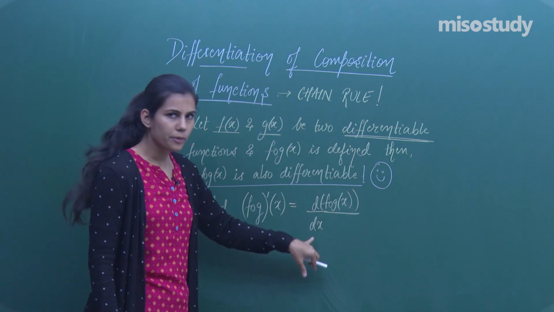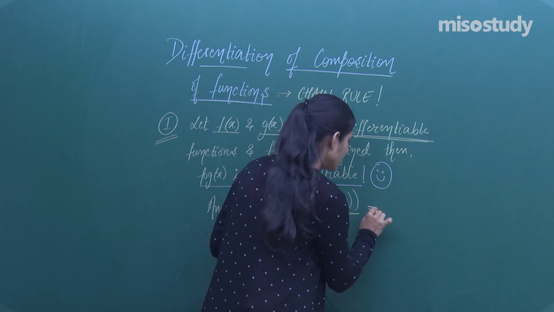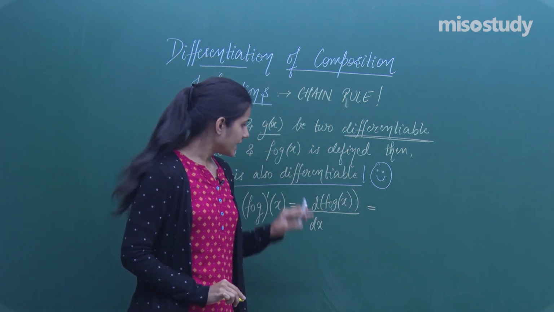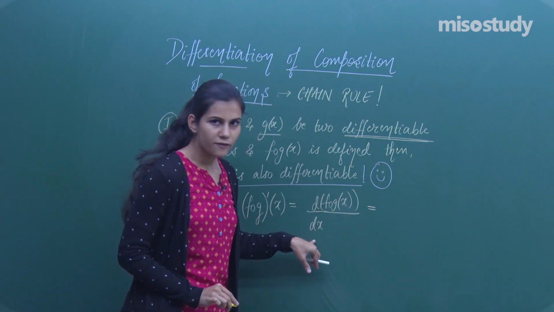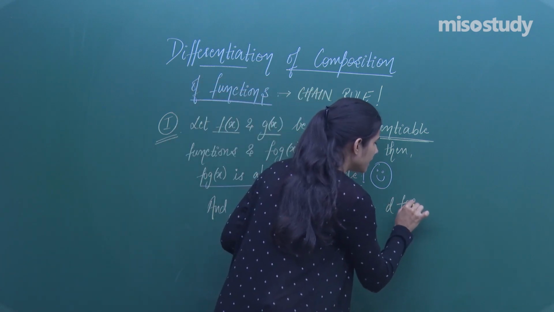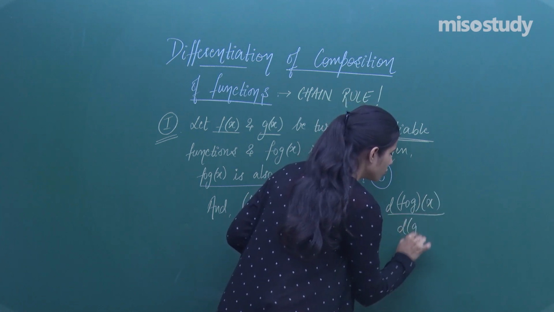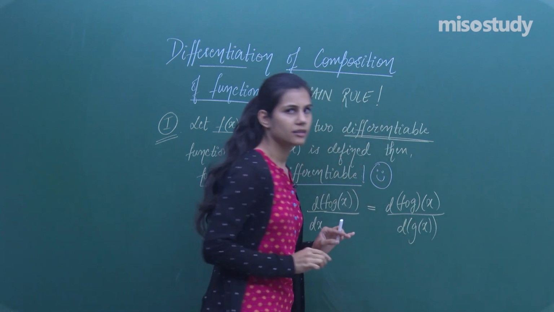That's another way of denoting the derivative of a function at a point. In order to compute the derivative of f of g at x with respect to x, you first compute the derivative of f of g at x with respect to g(x).